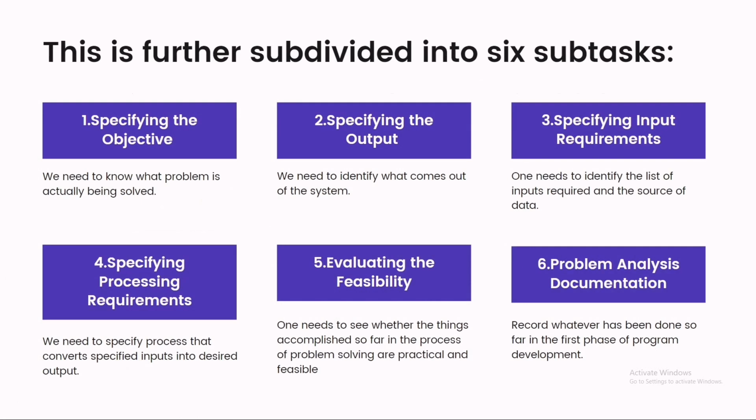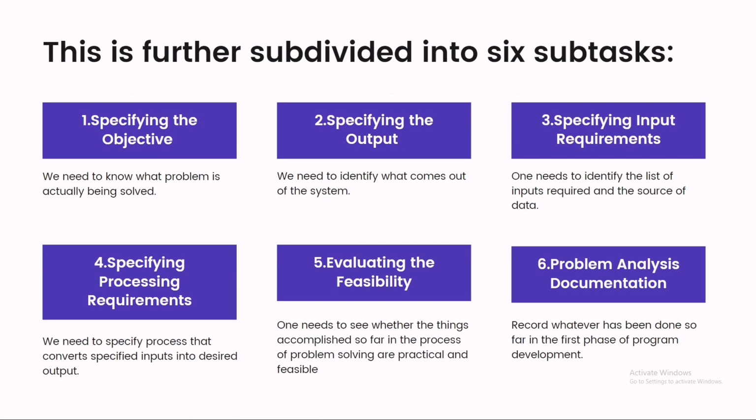So the subtasks of problem analysis: there are six subtasks, followed by these steps 1, 2, 3, 4, 5, 6. First, specifying the objective: we need to know what problem is actually being solved. So we list the objective, or the output we want. Then we specify the output in step 2. We need to identify what comes out of the system.